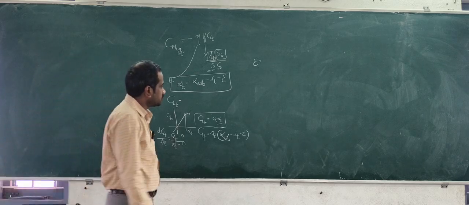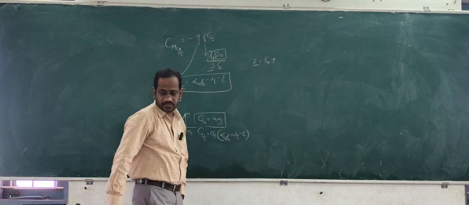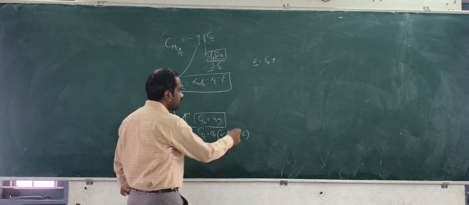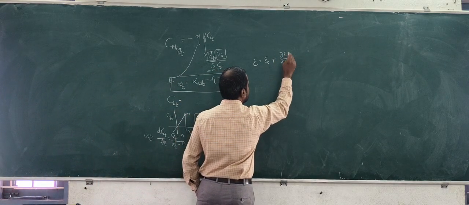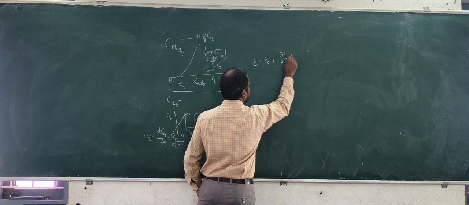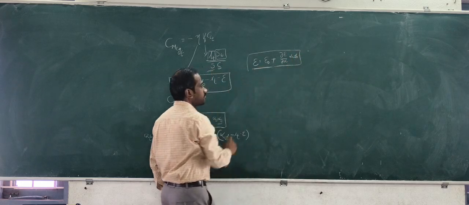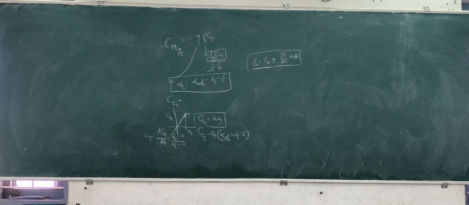Epsilon naught plus dou epsilon by dou alpha. Keep this format. Dou alpha into, take it as it is. How do you measure the downwash angle? By doing the wind tunnel experimentation, it is identified. It follows this relation. Okay, dou epsilon by dou alpha.